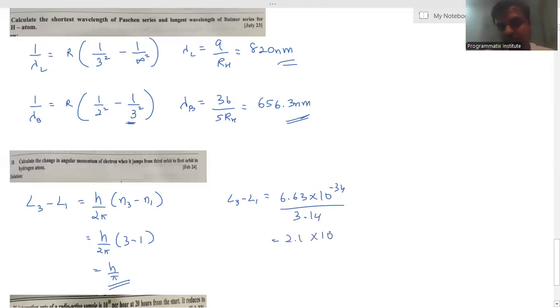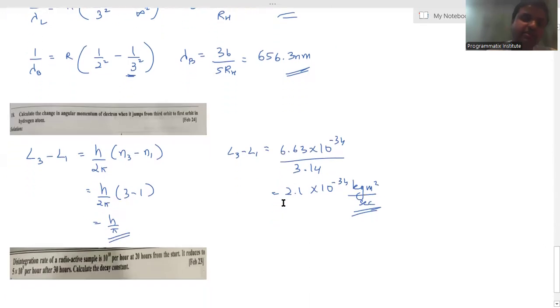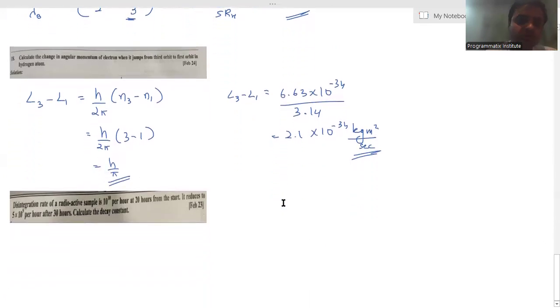You will get your final answer, minus 34 kg meter square per second. Don't ever forget to write the unit. If you forget to write the unit, then they definitely have scope to mark that question wrong or deduct your marks.